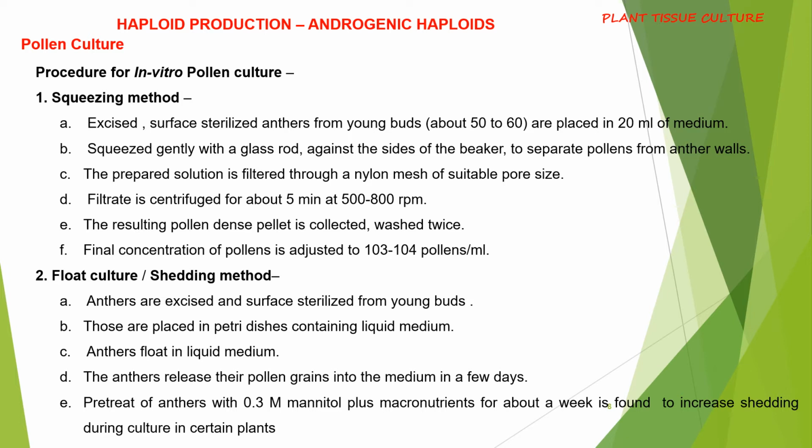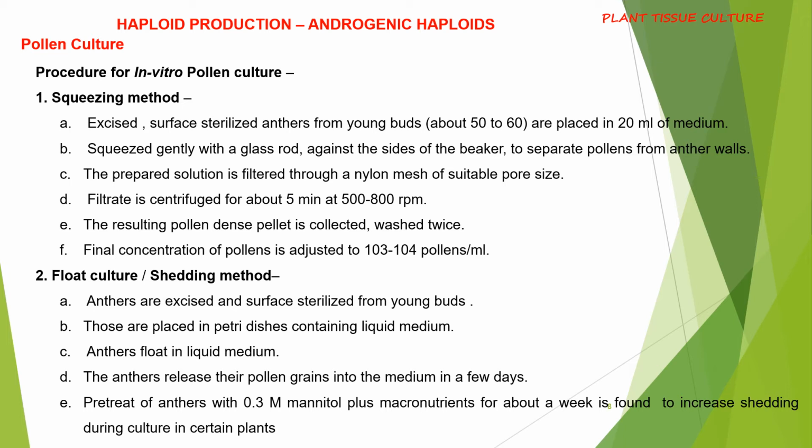Float culture. In this technique, the anthers excised from the sterilized young buds are placed in a Petri plate containing the liquid medium and left for a few days. The anthers float in the liquid medium and release their pollen into the medium in few days.